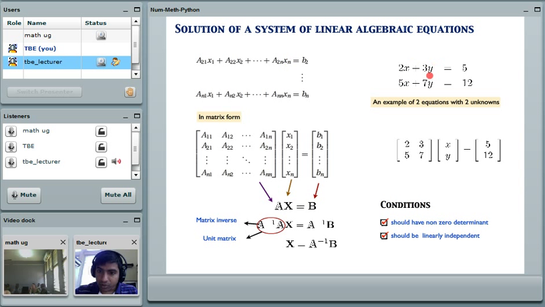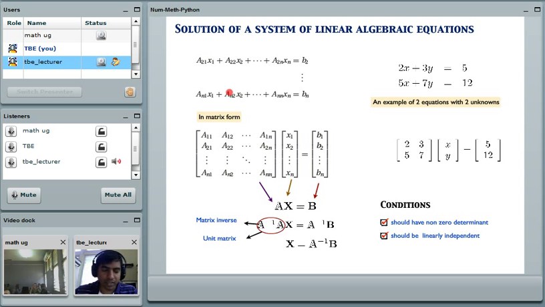Here I had two unknowns, so I had two equations, and here I have x1, x2, x3 up to xn, which means I have n unknowns, which means I have n equations like this. This is the first equation, and this is the nth equation. So this is the basic problem we are going to solve. We are given n equations, and I want to find the solutions for this problem.